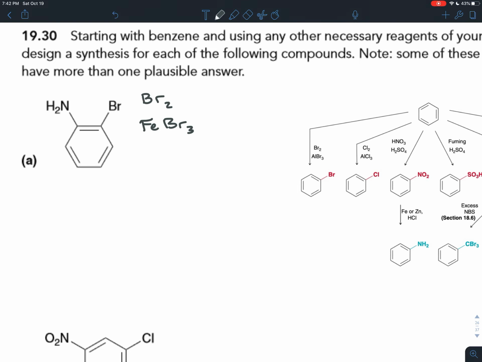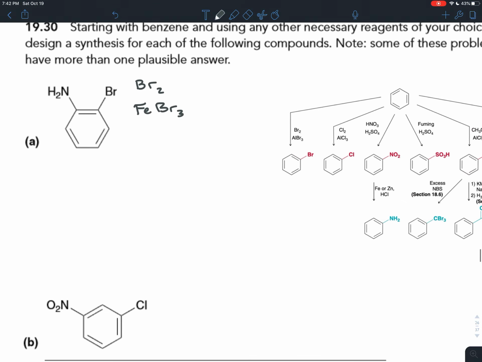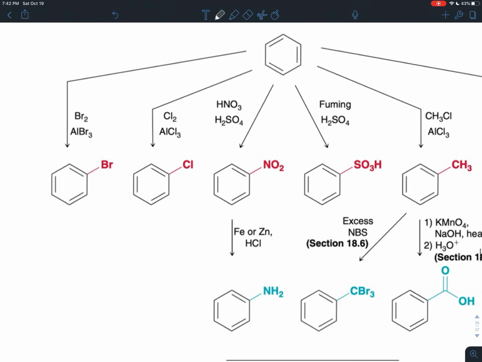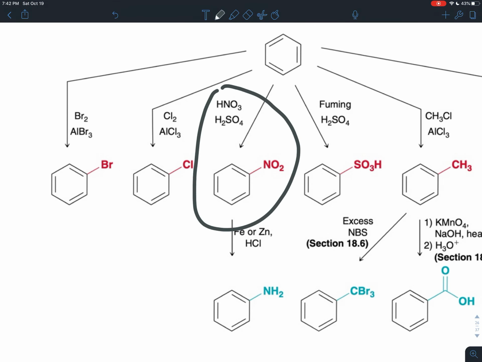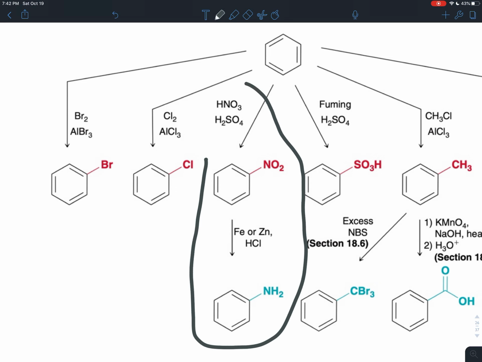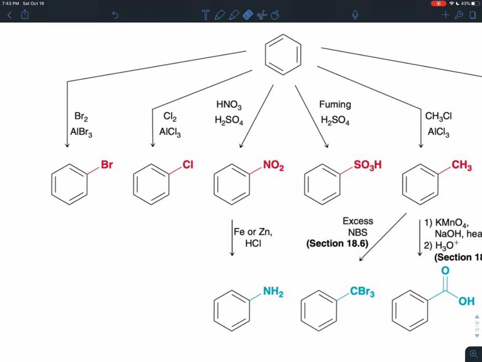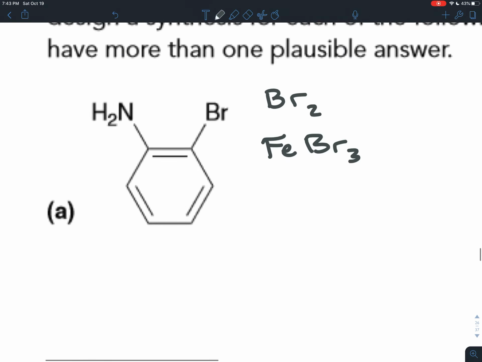And then for NH2, we didn't learn one reaction to put NH2 on a molecule, but we did learn how to do nitration. That'll at least get the nitrogen there. And then if you do that, you can reduce that nitrogen with iron or zinc in the presence of HCl. So those two reactions together will put that NH2 on the molecule.